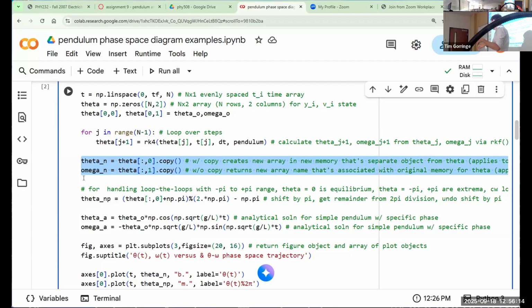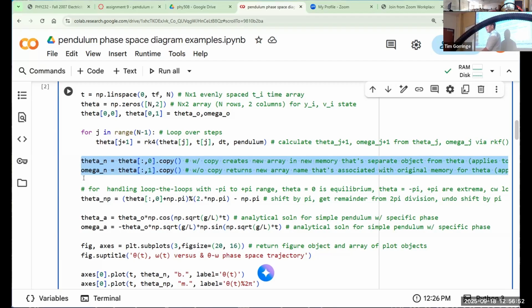So if you have a copy here, you have the old variable theta that we're copying from, and then you've got the new variables that I call theta underscore n for numerical, omega underscore n for numerical. So it's like I've got in memory theta, which is an n by 2 array, and in some other region of memory, I'm making these two other arrays. They're both one-dimensional arrays, theta underscore n and omega underscore n.